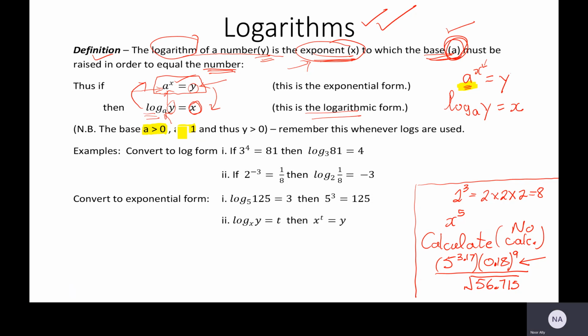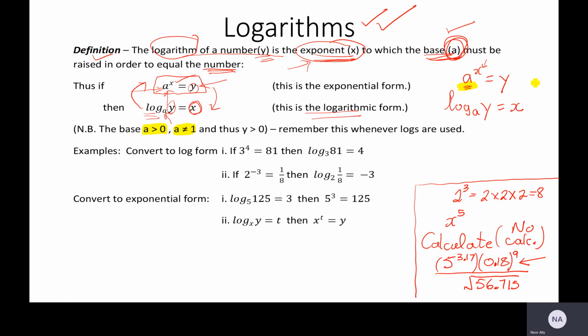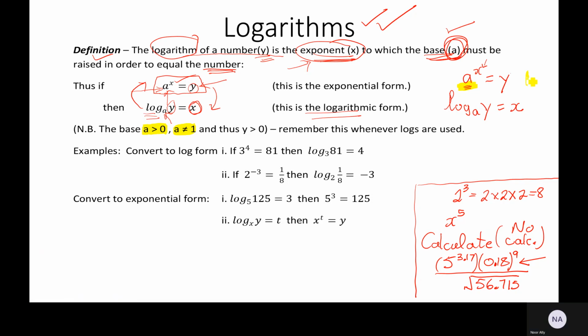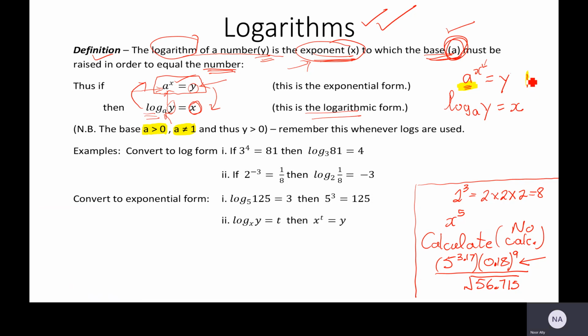A must not equal 1. Now imagine if I choose A to be equal to 1. If I choose a base 1, irrespective of what index I put there, what's 1 to the power 10? It is 1.